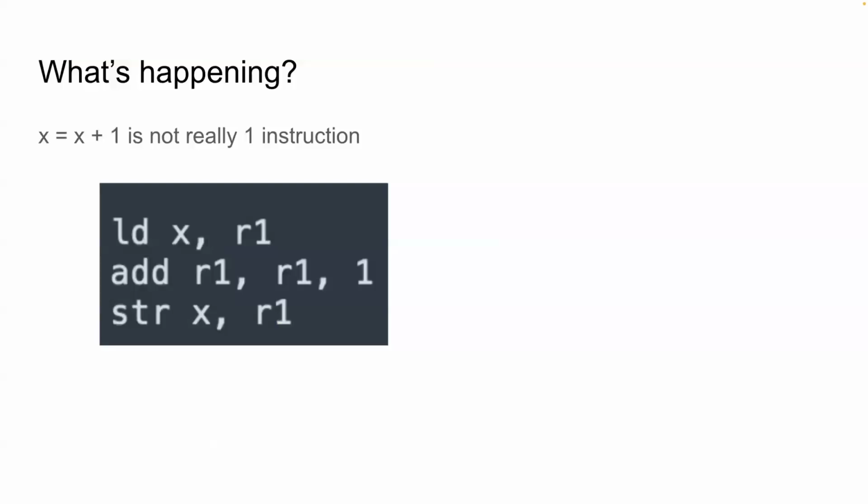These 3 instructions are basically what gets executed on the CPU. The first is load x into register R1. The second stores the result of R1 plus 1 into R1. And the last stores the value of R1 into x.